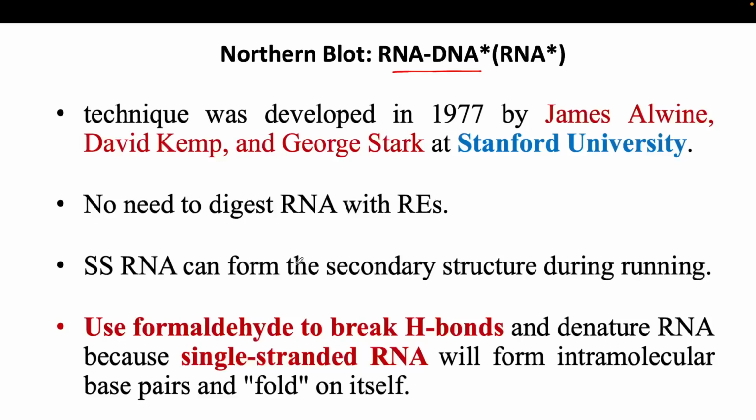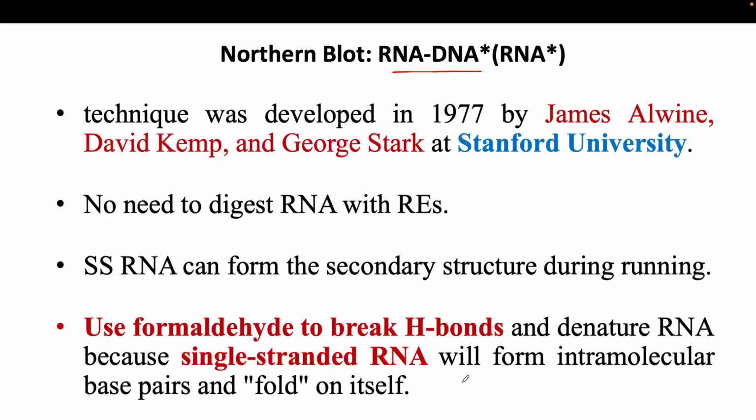Because it is already single stranded, there is no need to denature also. The gel is made with formaldehyde to break the hydrogen bonds and denature RNA, because single stranded RNA can form intramolecular base pairs and fold on itself.